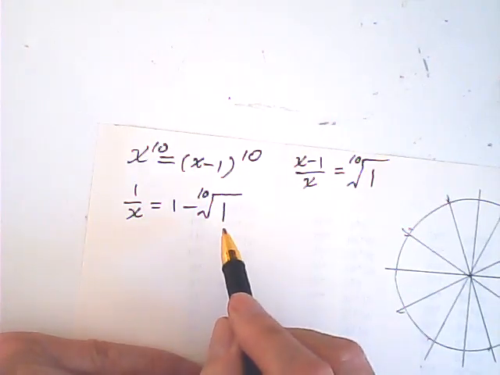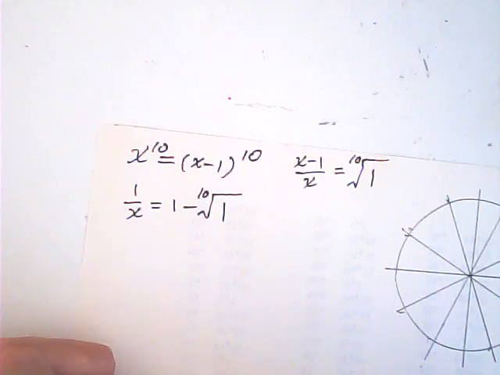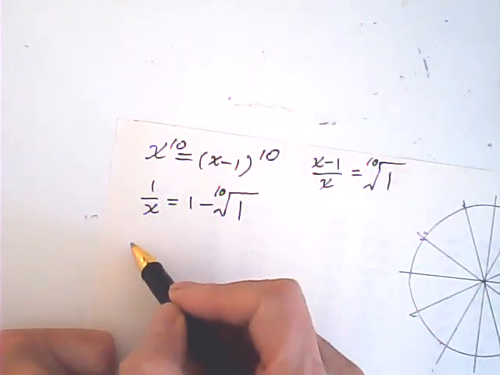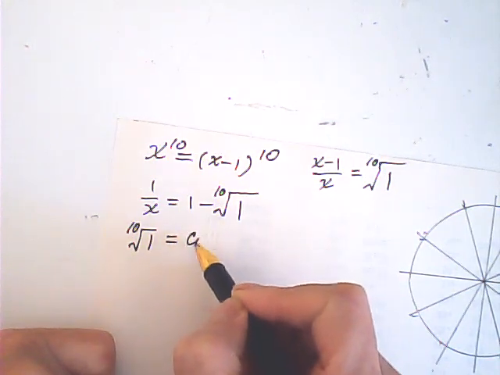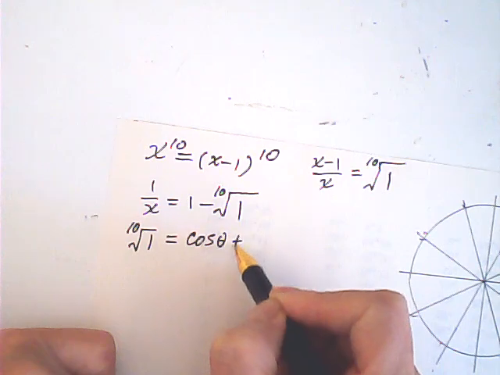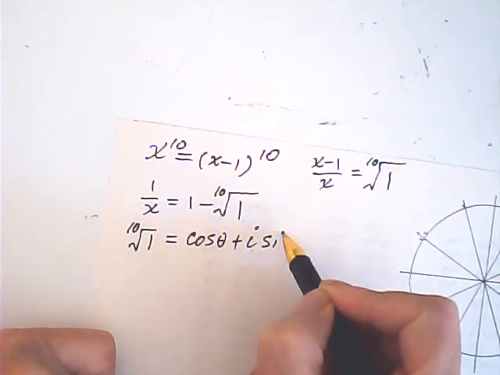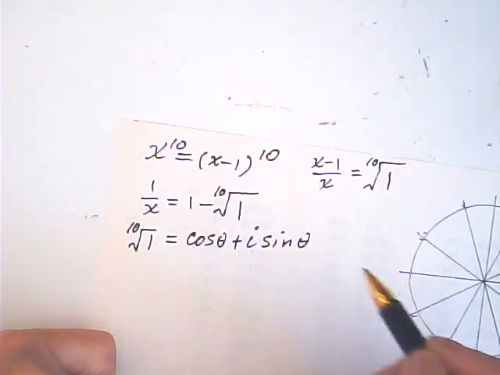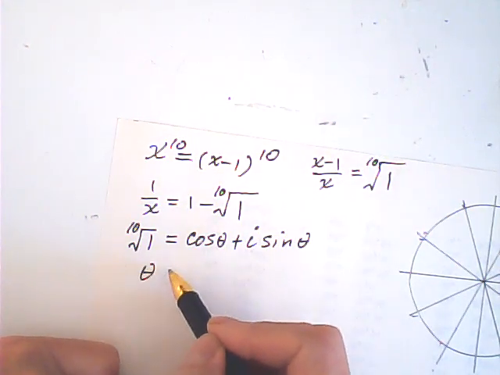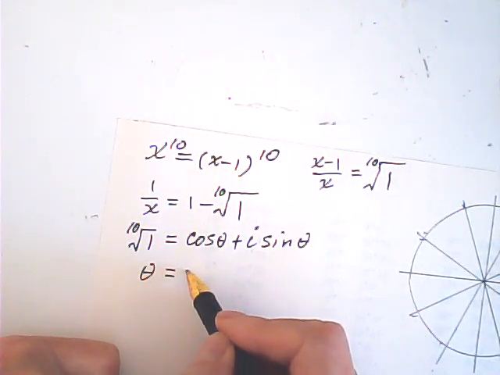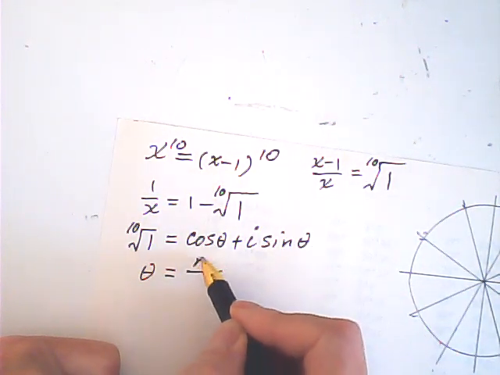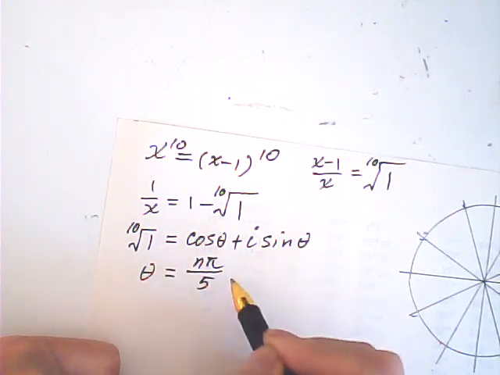What's the 10th root of 1? The 10th root of 1 is a complex number, which is cosine theta plus i sine theta. Theta is n pi over 5.